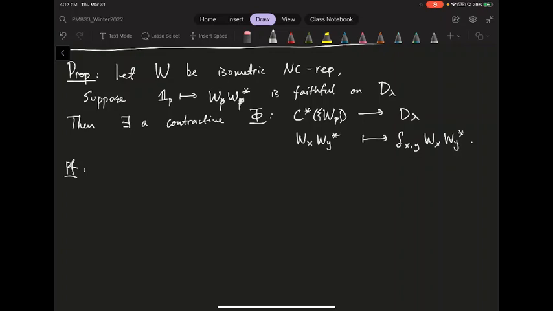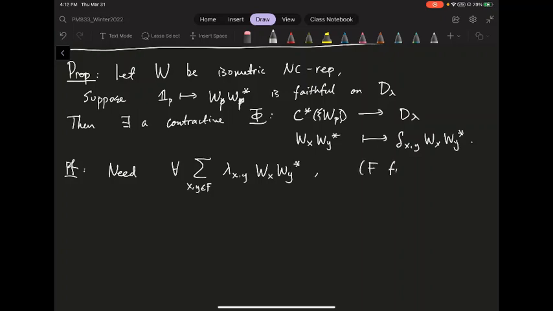To prove this is rather technical, so I'll just give a quick sketch and omit a bunch of detail. But essentially the idea is that, first of all, the W_x W_y star span a dense subalgebra inside your C-star algebra. So we just need to consider the following: for every lambda_xy, with x and y inside some finite set F, a finite linear combination of these W_x W_y star.